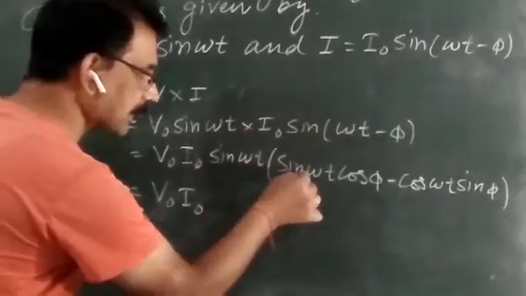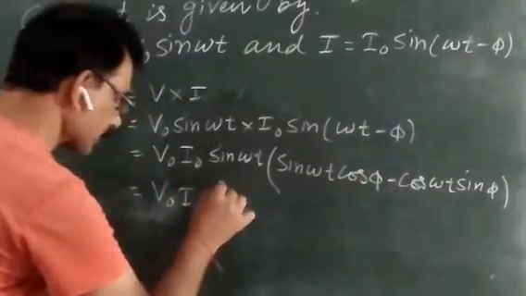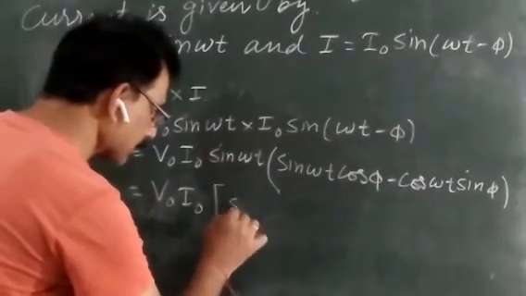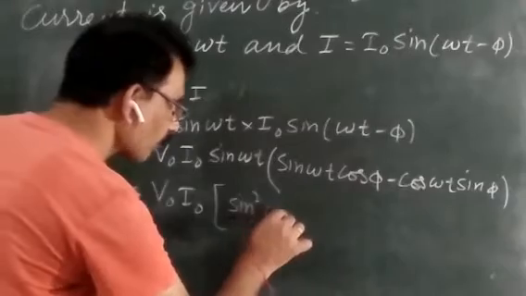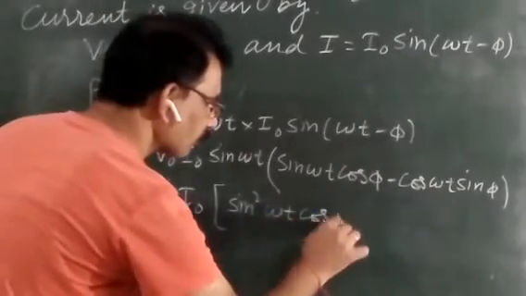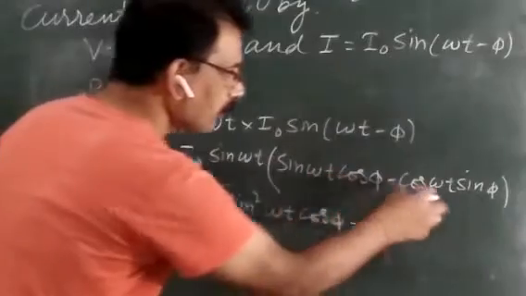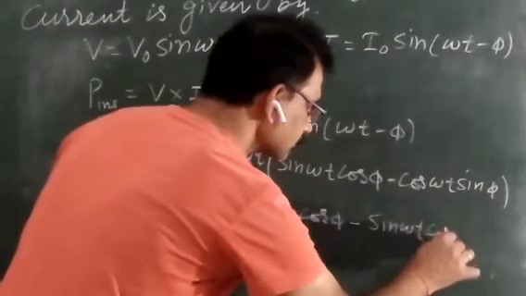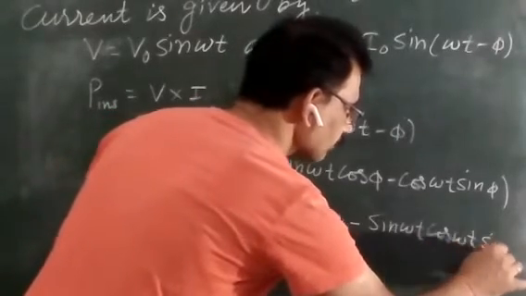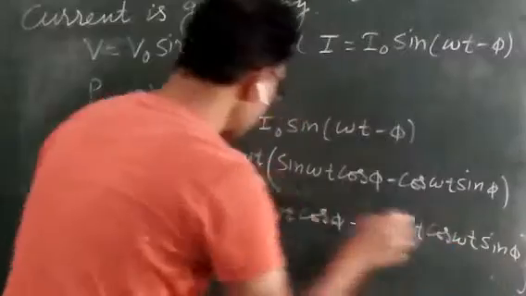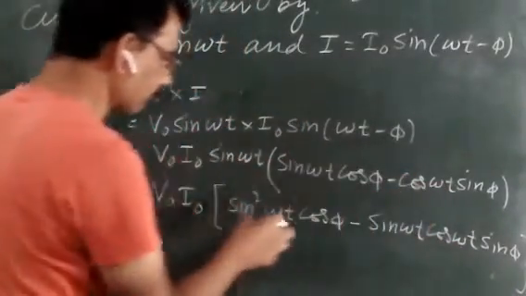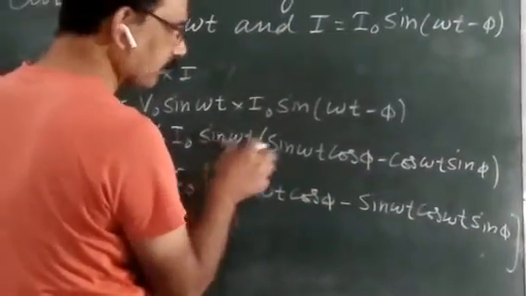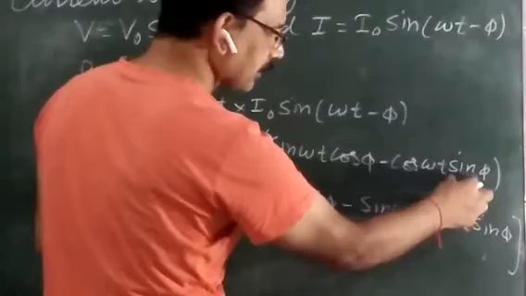Now take this sin omega t inside and multiply in both. So this becomes sin square omega t cos phi minus sin omega t into cos omega t into sin phi.